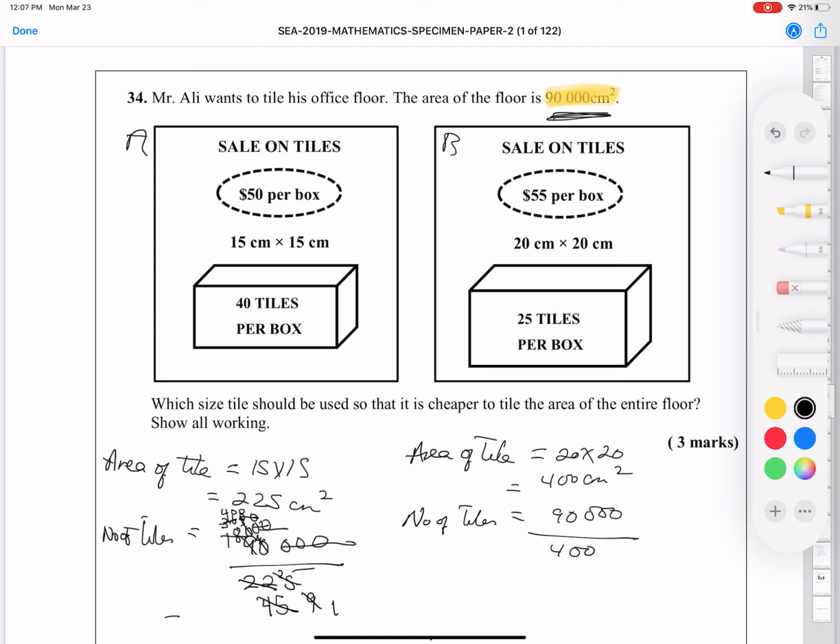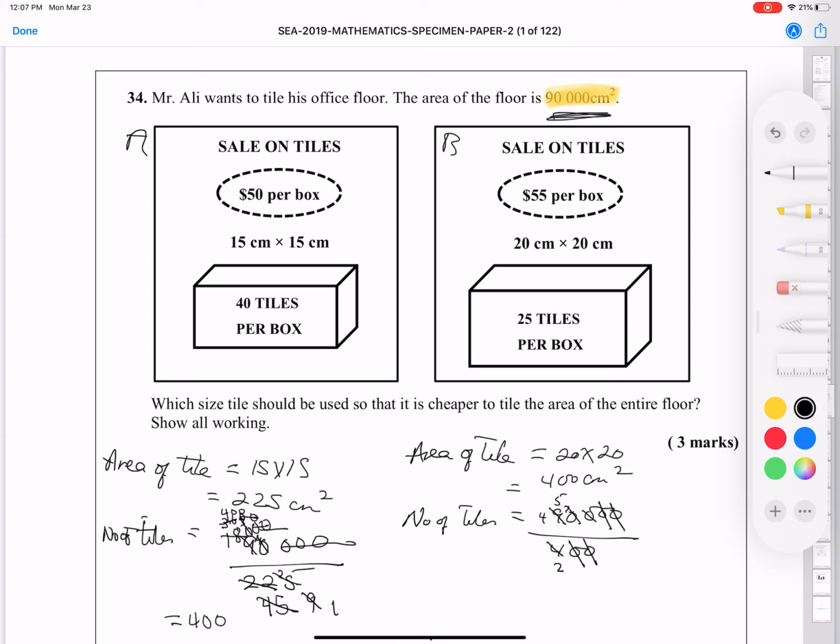If there are 40 tiles per box, we can quickly figure out that if you need 400 tiles, how many boxes you need? 40 times 10. 10 boxes will be needed. How much for 10 boxes? It's $50 a box. 50 times 10 equals 500. Go with the option on the left.